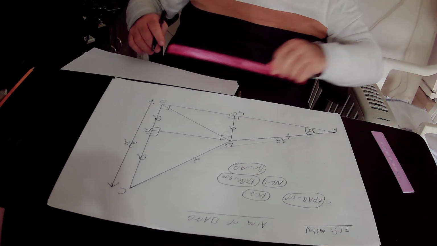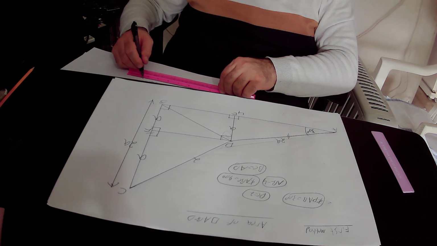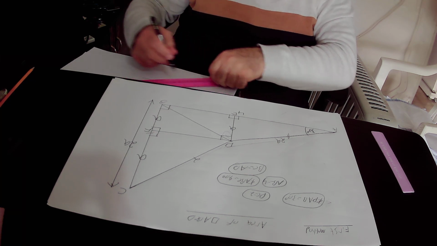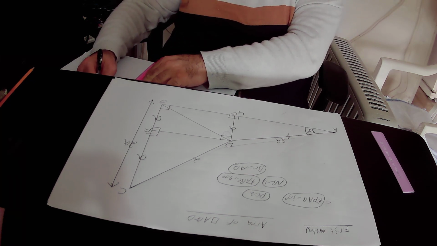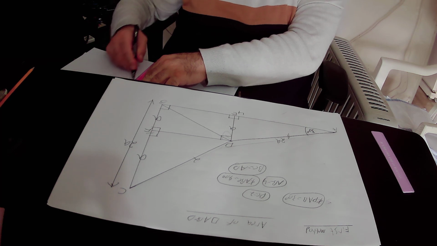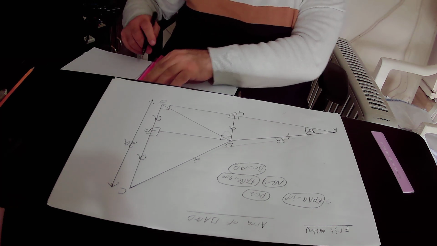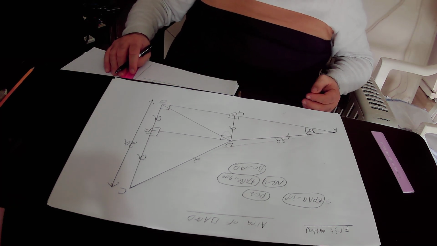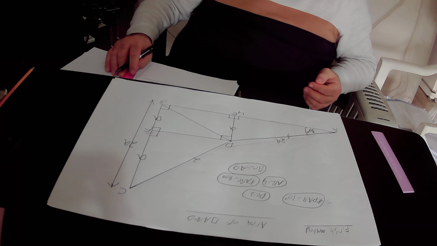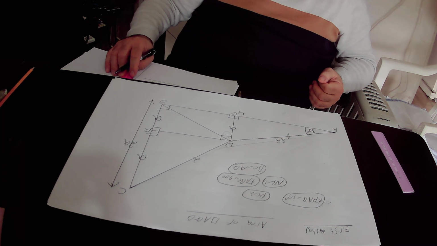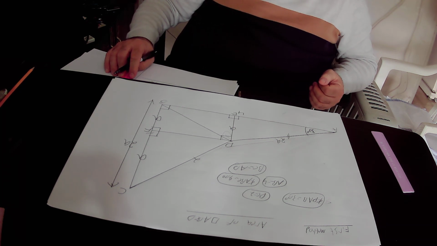So what is the side angle side rule? Side angle side rule is that if you prove that two sides and the angle between those two sides in one triangle are congruent to two sides and the angle between them in the other triangle, then you proved that those two triangles are congruent to each other.